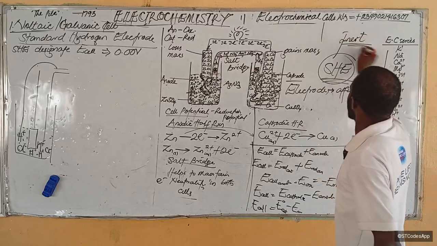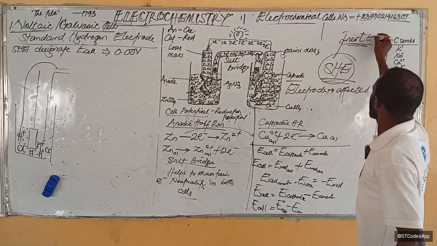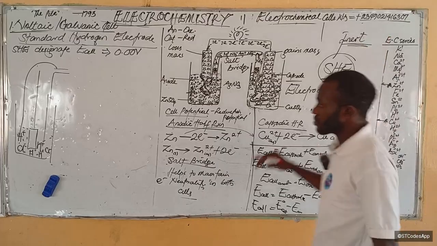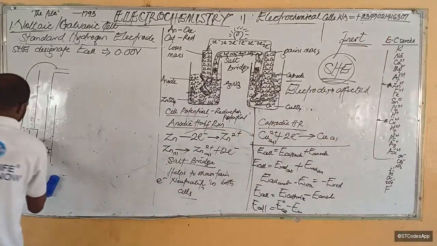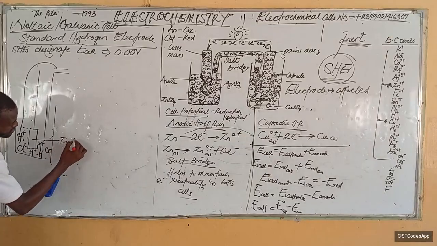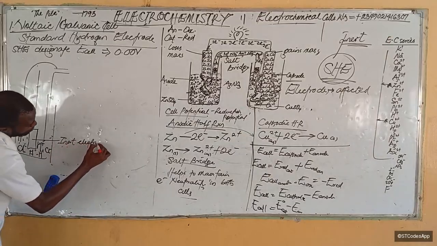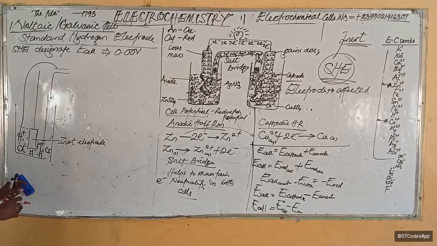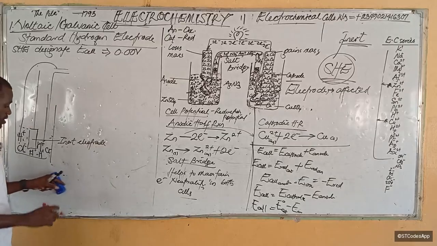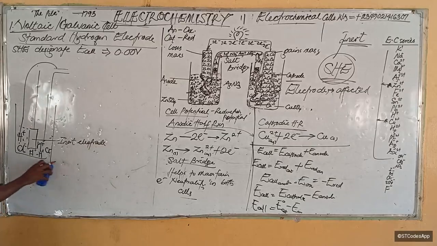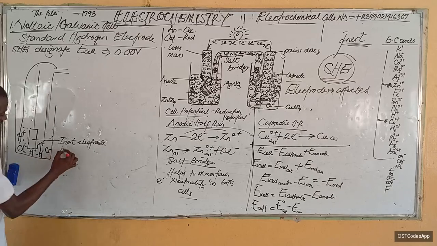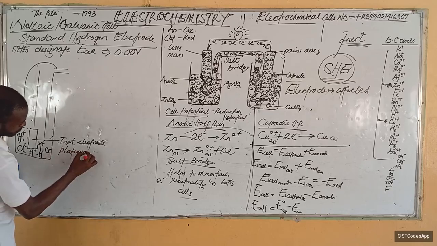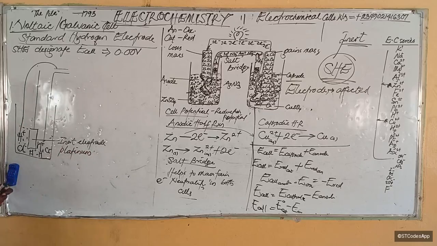That is an electrode that is not affected during the process in a cell. It doesn't gain or lose electrons. An example of an inert electrode is platinum.